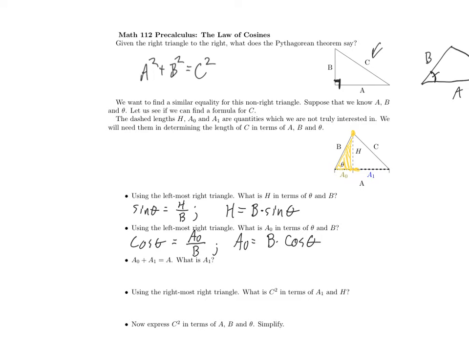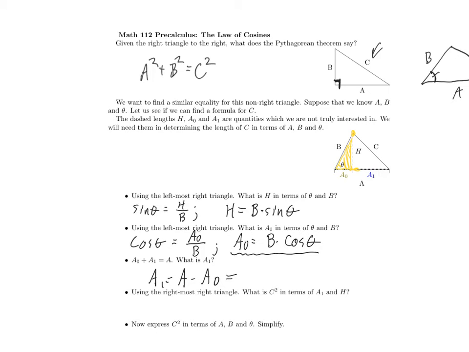I know what the base of the triangle is. The base of this triangle is equal to a1. So that means that a0 plus a1 should be a, the base of the whole triangle. So what is a1? You can solve for a1. a1 is a minus a0, but I know what a0 is. It's b times the cosine of theta.